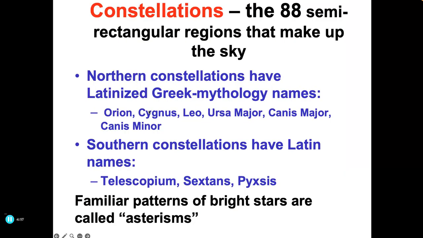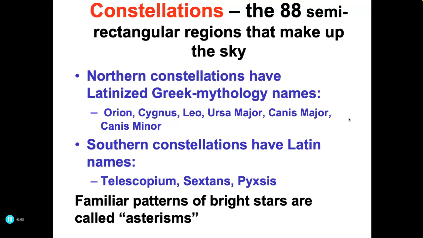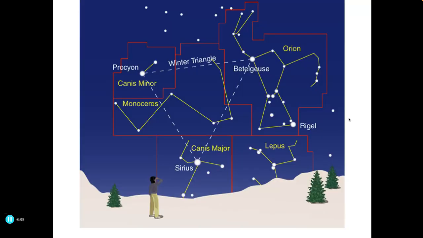And they're formalized. The night sky has been broken up into these 88 regions, these 88 constellations, and every location in the sky is in one constellation or another. You can think about it like the 48 contiguous states of the United States, right?